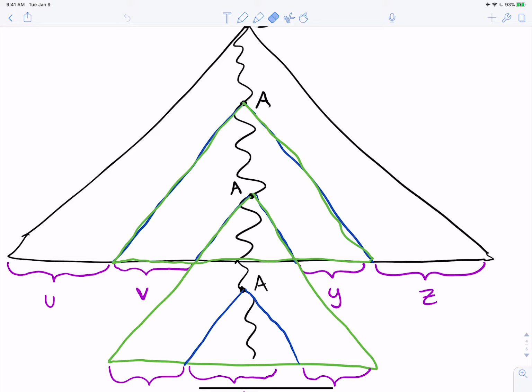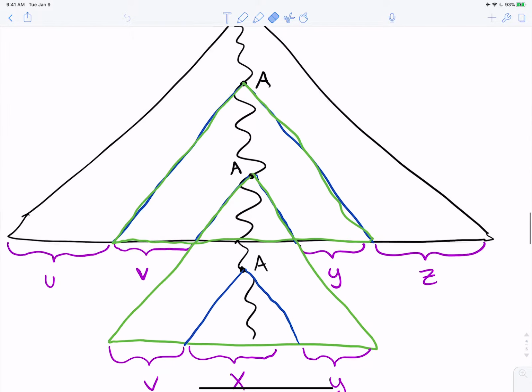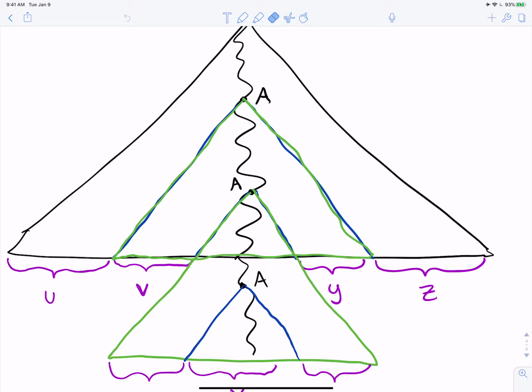So everywhere else in the tree is always binary. Then we noticed in this example, if we make the tree tall enough, which means make the string it generates long enough, then if we look going from the top to the bottom, at some point there must be a variable that repeats.